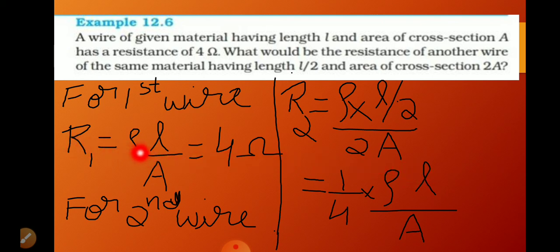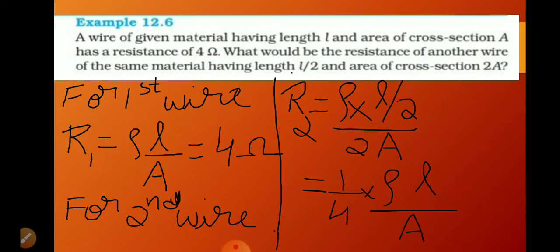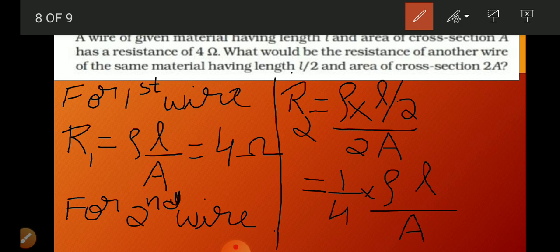Rho into L divided by A is equal to 4 ohm is given. So substitute rho into L divided by A as 4 ohm. What happens? 1 by 4 into, in place of this, you have to substitute 4 ohm. So let's see what happens now.